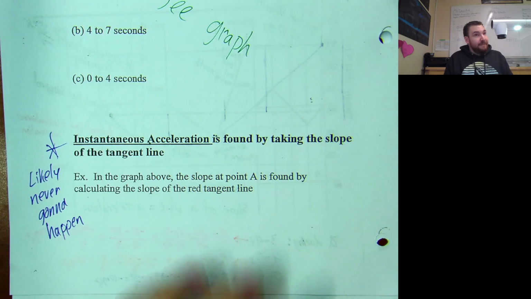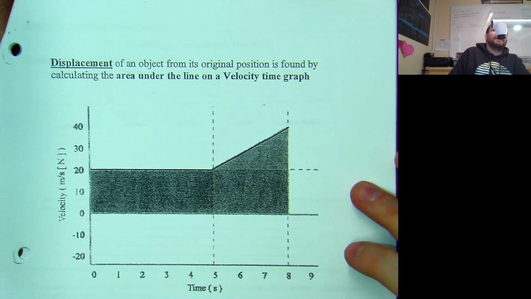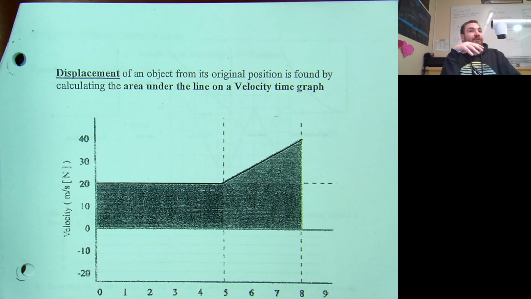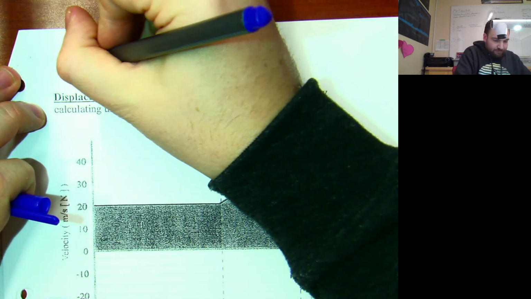The next thing, flip the page, is actually really interesting. We can use a velocity time graph to actually find our displacement. That's interesting. How? What is displacement? The distance that you travel compared to your initial point.